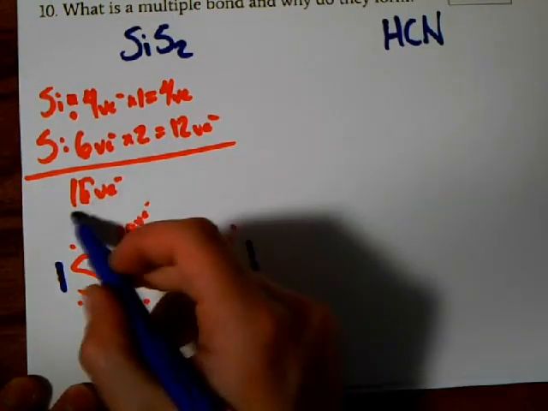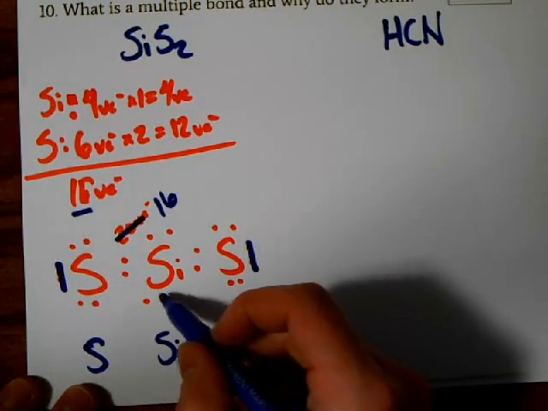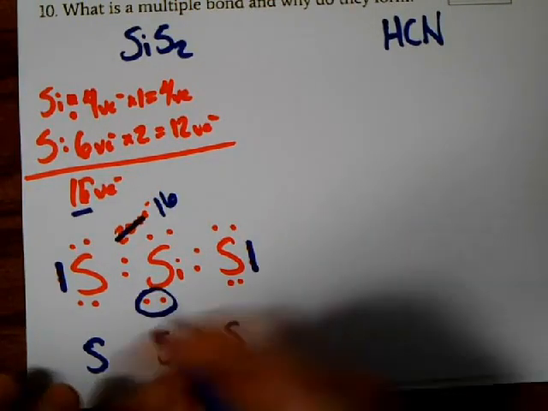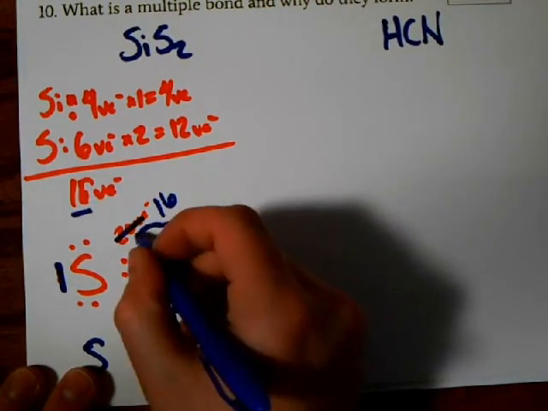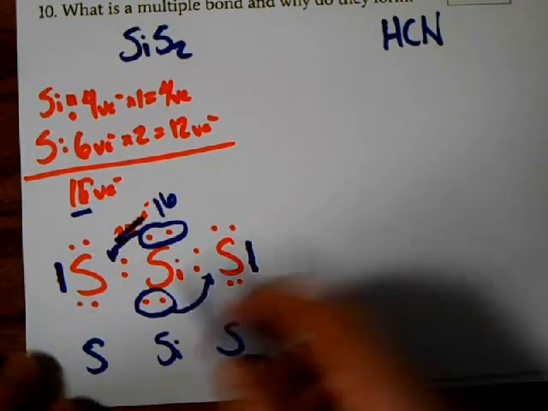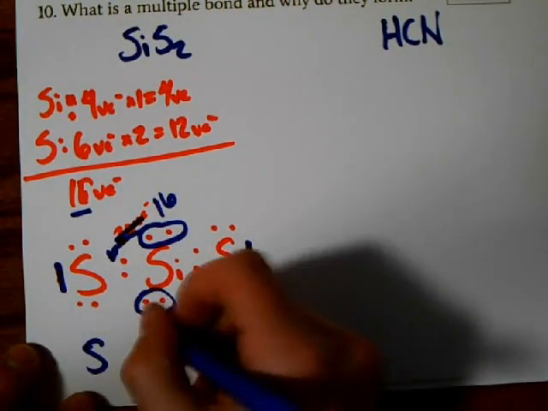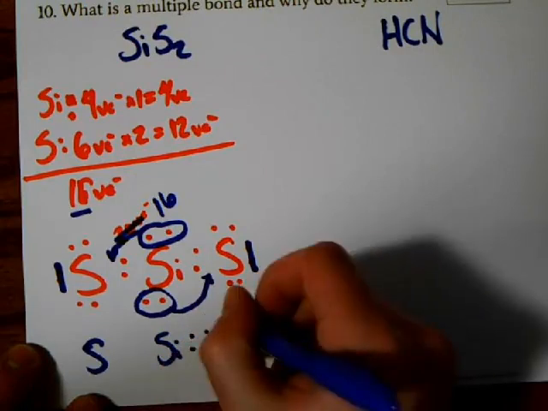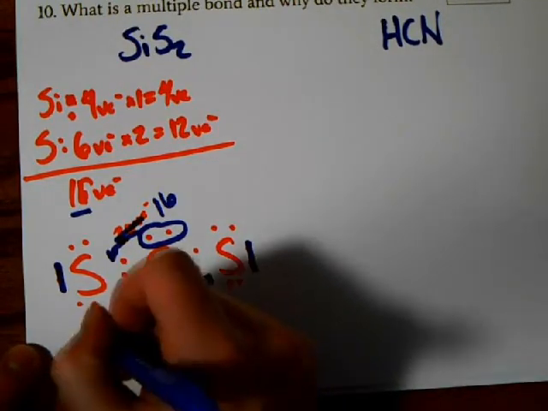Once we get down to the number we want, I now have 16 valence electrons, the silicon is going to take some of those that are what we call a lone pair, and it's going to start sharing them with the other atoms, to make everyone happy. So these 2 and these 2 are going to start moving off. How I would rewrite that now is those valence electrons, well, those will be okay right there.